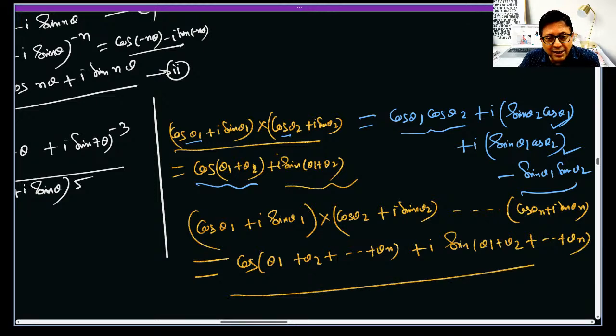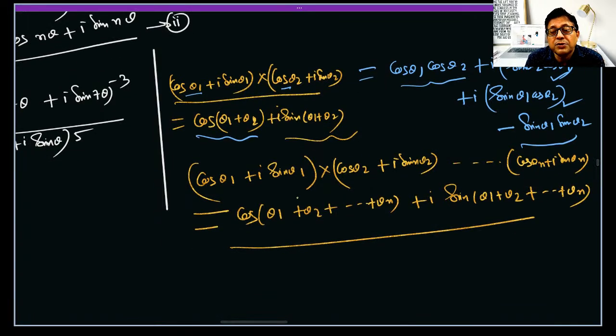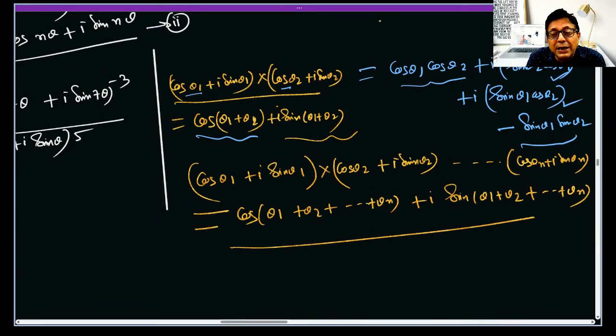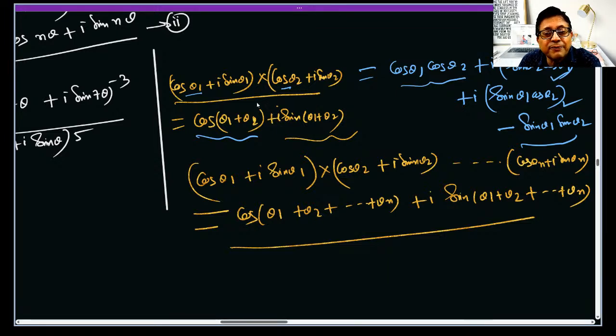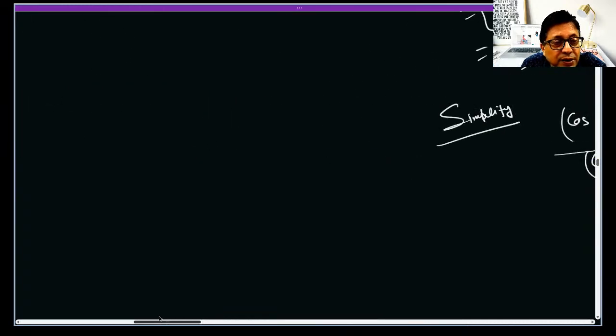Understand? This multiplication you can remember like this. For n angles, the addition takes place inside the bracket only: cos of theta 1 plus theta 2 this way up to theta n, plus I sin of theta 1 plus theta 2 this way. So the concept of De Moivre's theorem together with this multiplication law can excel in solving problems from trigonometry, and it has application in many fields. This is just one field I am discussing.